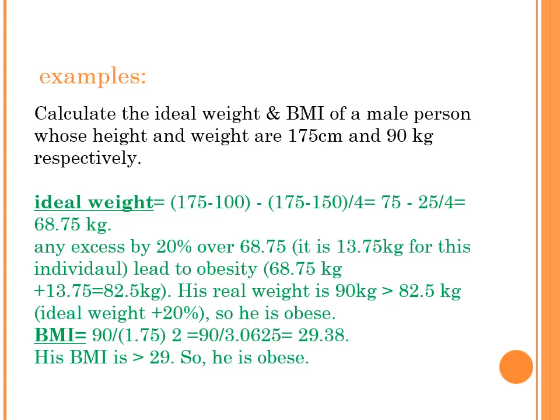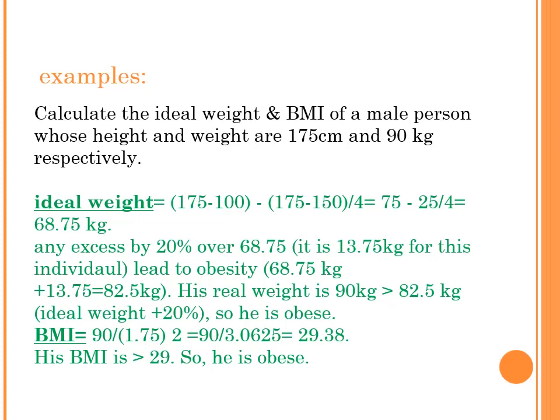Now, any excess by 20% over this ideal weight, which is 68.75, will lead to obesity. What is the 20% here? 68.75 times 20% is equal to 13.75 kilograms.